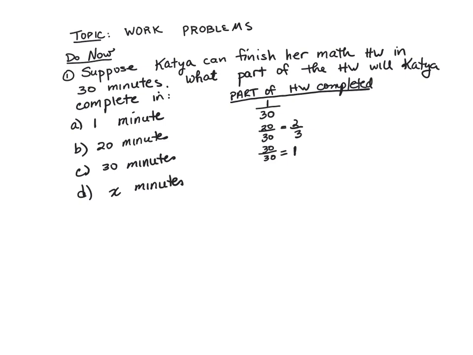In general, if Katya works X minutes on her homework, where X is the variable, the numbers that change or vary in time, we could represent the fractional part of the homework completed as X/30. And this is a very important idea behind any work problem.